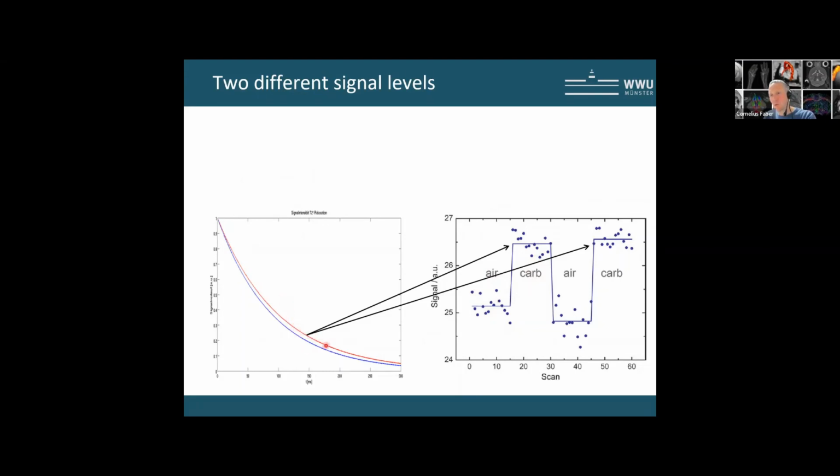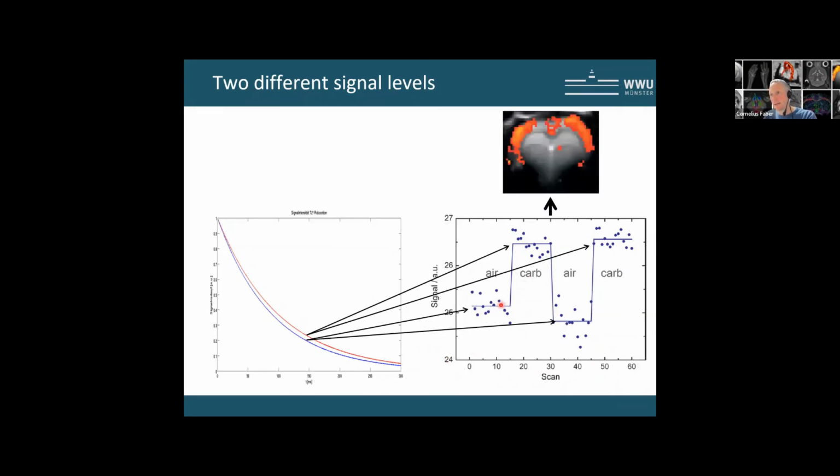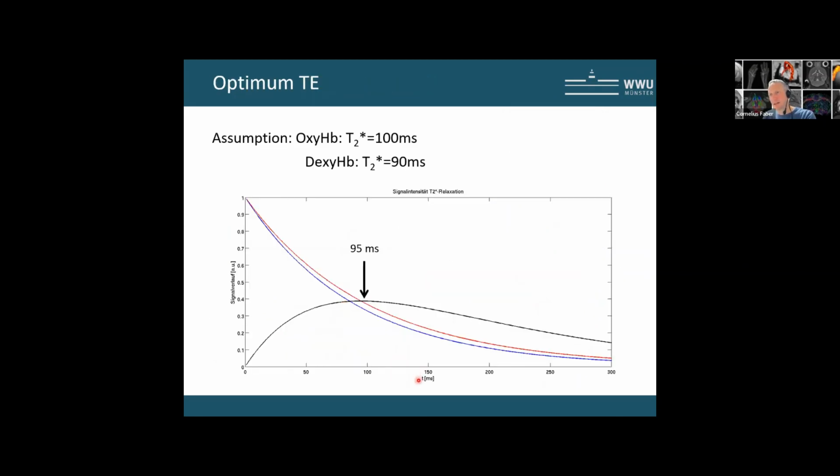If we have the slower decay, we will have a higher signal in our gradient echo images, and if we have the faster decay, we will have a lower signal. Then we can do this pixel-wise for any pixel, and do a statistical test, and then we can obtain information on where in the brain this change takes place.